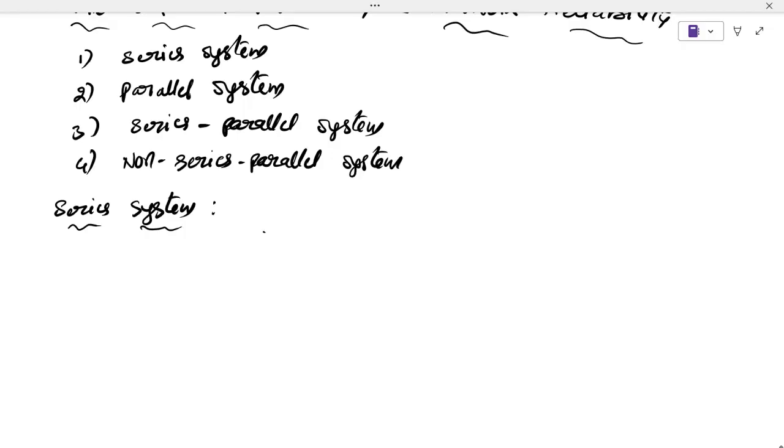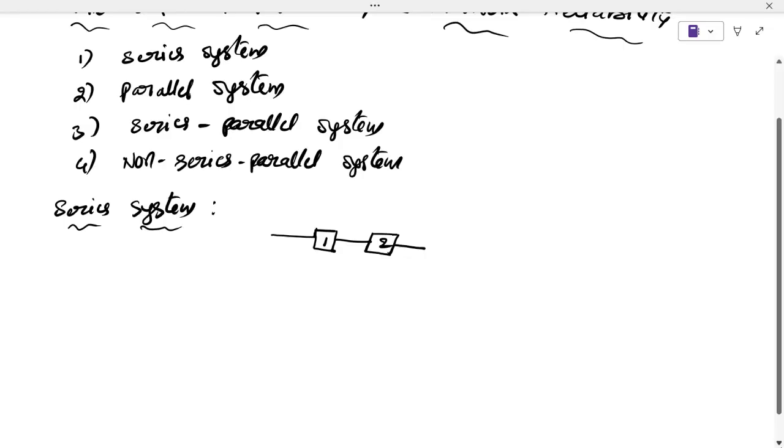For that, here I'm taking one system, where components are connected in series. Now each component has its probability of success and probability of failure, as we have discussed in binomial distribution.